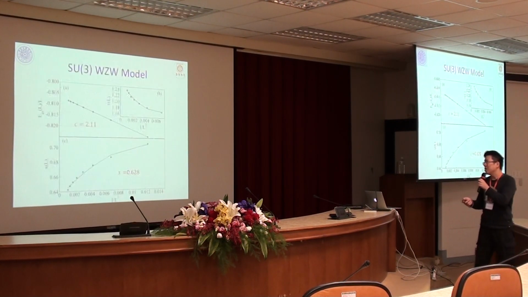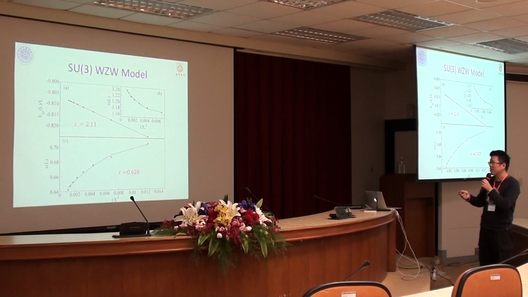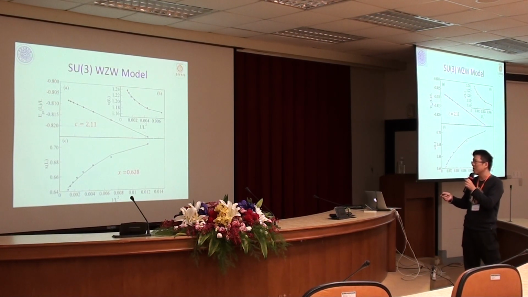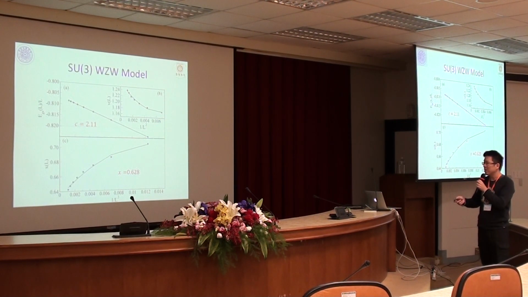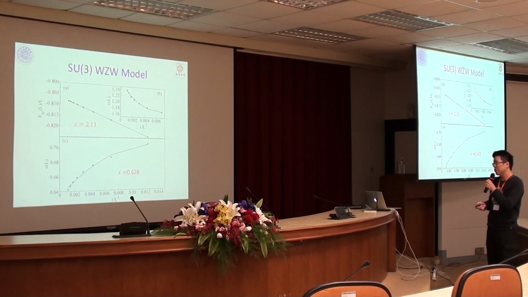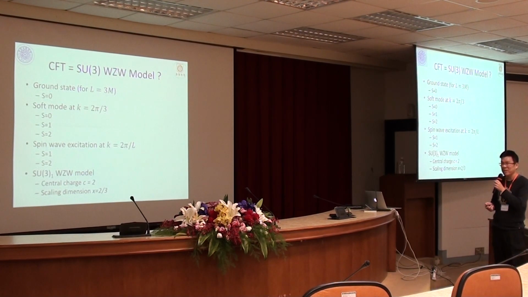If you plot the ground state energy as a function of 1/L squared, this is fitting for the spin wave velocity, and then you can fit the scaling dimension. The answer we get is 2.11 and 0.628, which is consistent with the prediction of the SU(3) level 1 WZW model.